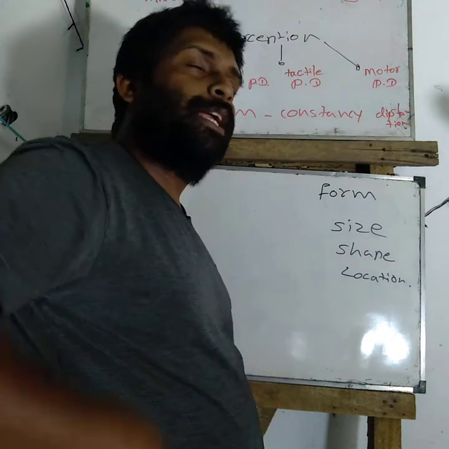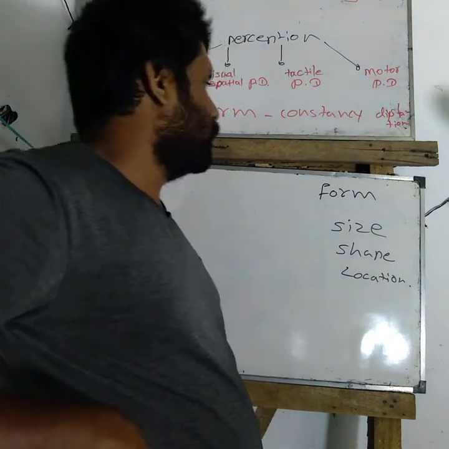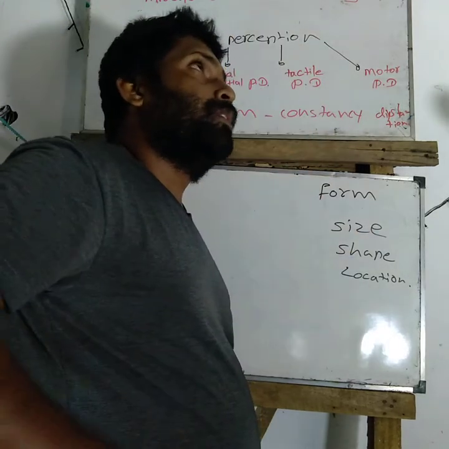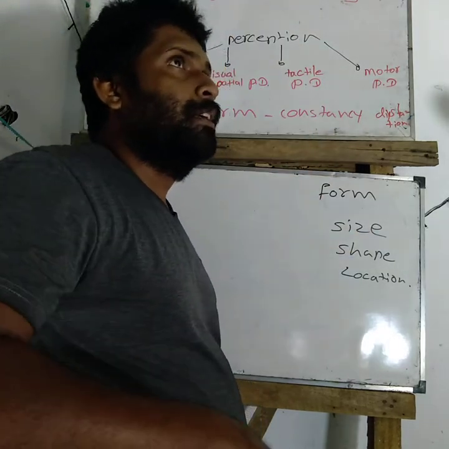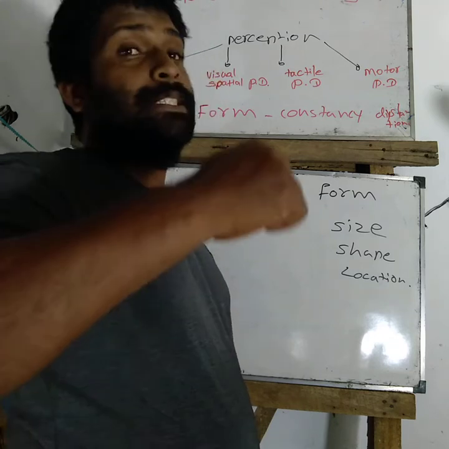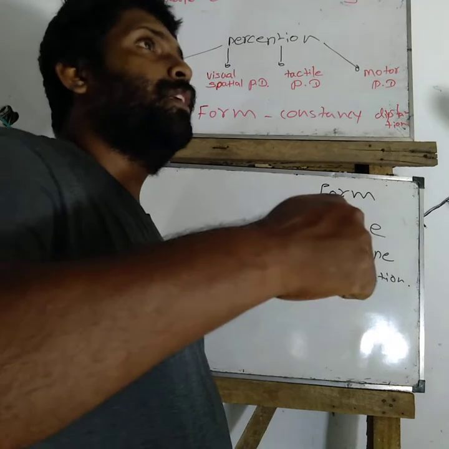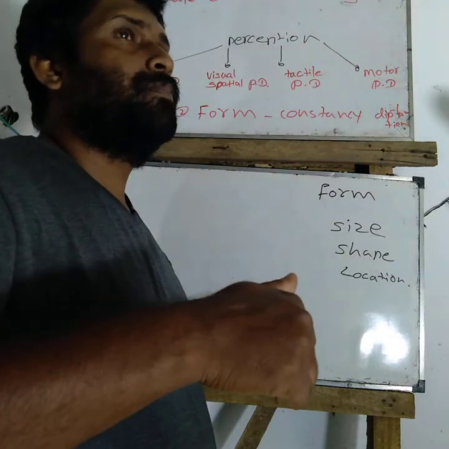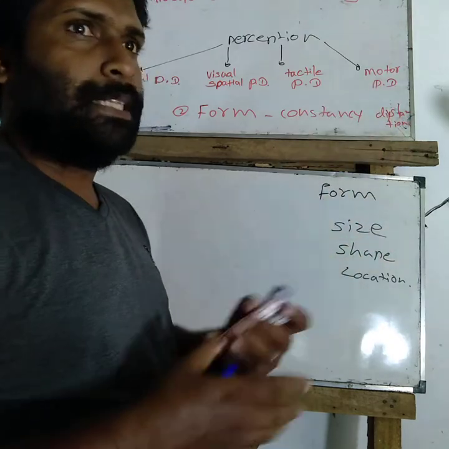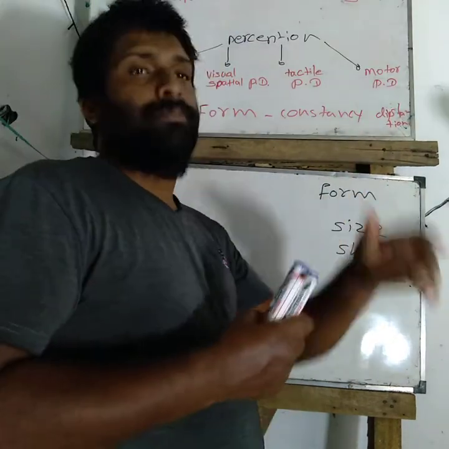The money also they can tactilely identify. Size, money. When I put the bag inside, then go here and there and take some form of identity card like this. Phone, pen. The normal person can tactilely identify form.